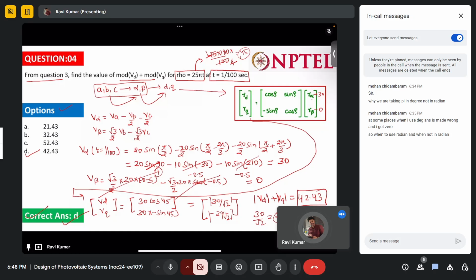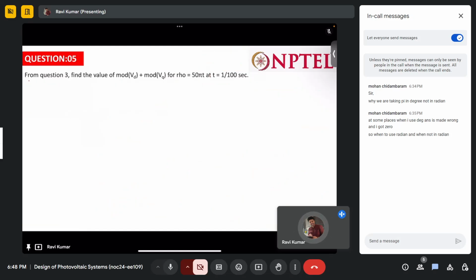Okay, now let's move to the next question, which says, from question number 3, find the value of mod D and mod Q when rho is 50 pi t. It is saying 50 pi t, t is the same, so our rho value will change.